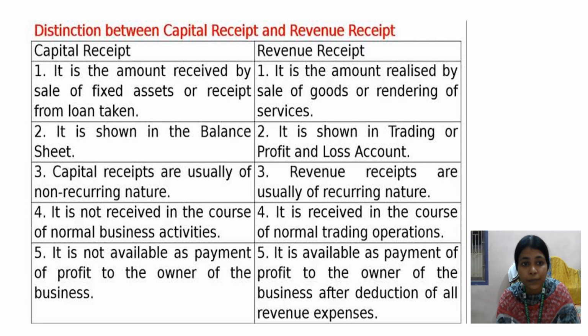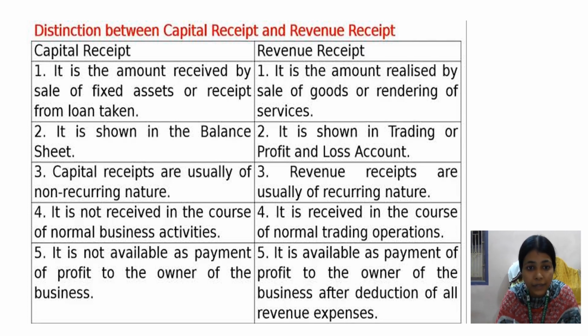Here are some differences between capital receipts and revenue receipts. Capital receipts are the amount received from the sale of fixed assets or from loans taken. Revenue receipts are the amount received from the sale of goods or rendering of services. Capital receipts are shown in the balance sheet, while revenue receipts are shown in the trading or profit and loss account.